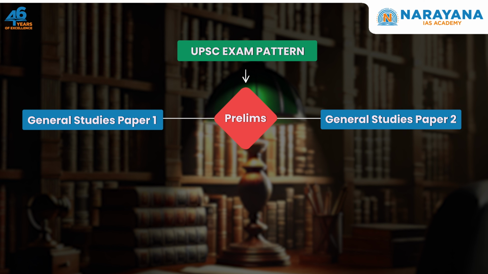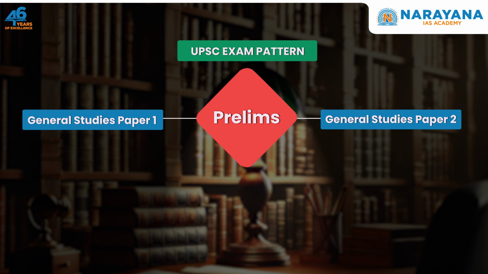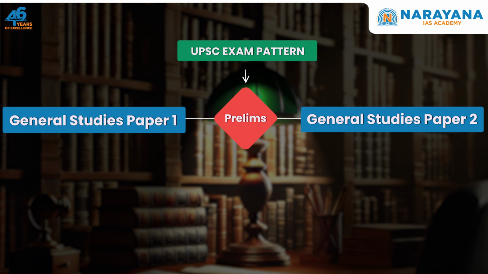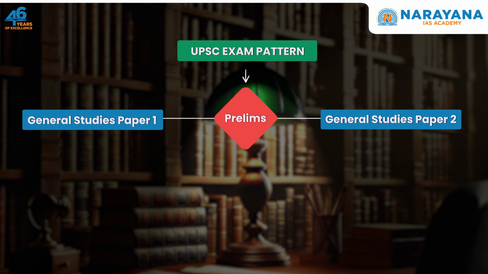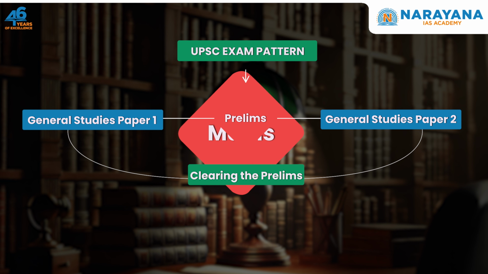Now, according to the UPSC exam pattern, the marks obtained in the prelims are not considered for the final UPSC result, meaning the prelims exam is only qualifying in nature. Both papers are objective type consisting of multiple choice questions. Understanding this format helps aspirants focus on clearing the prelims to progress to the mains stage.